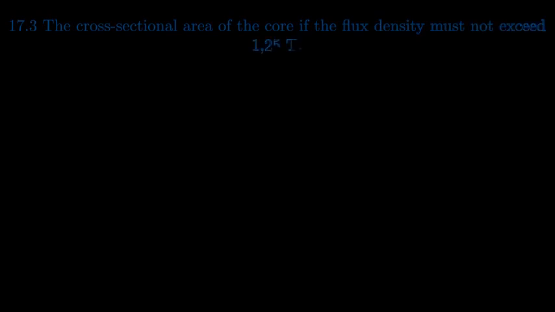Finally, for question 17.3, we are asked for the cross-sectional area of the core if the flux density must not exceed 1.25 Tesla. The question asks for the gross cross-sectional area, assuming a stacking factor of 1, as none is given. If a stacking factor were provided, we would use it. The relationship between flux density and area is Φmax equals Bmax times the area. We can rearrange this to solve for the area A, which equals Φmax divided by Bmax.